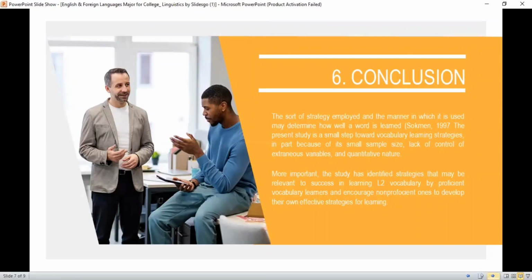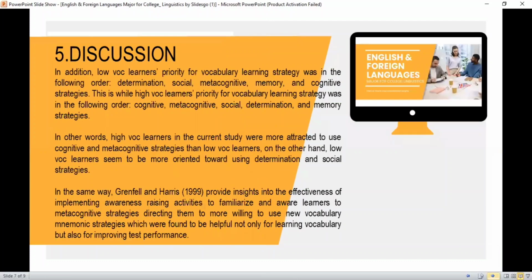And finally, there is a discussion of the article. In addition, for low proficiency learners, the priority for vocabulary learning strategies was in the following order: determination, social, metacognitive, memory, and cognitive strategies.